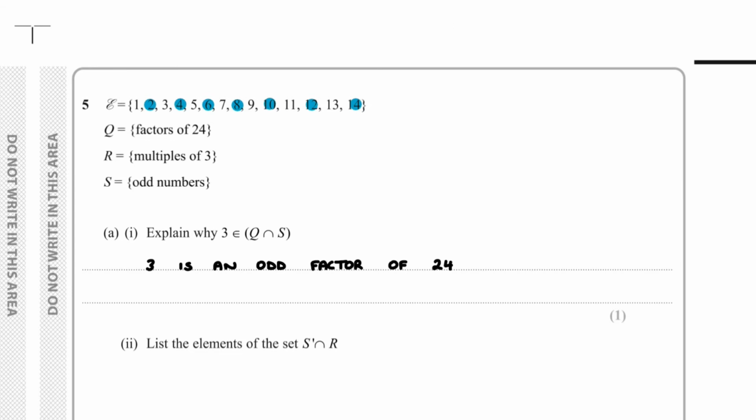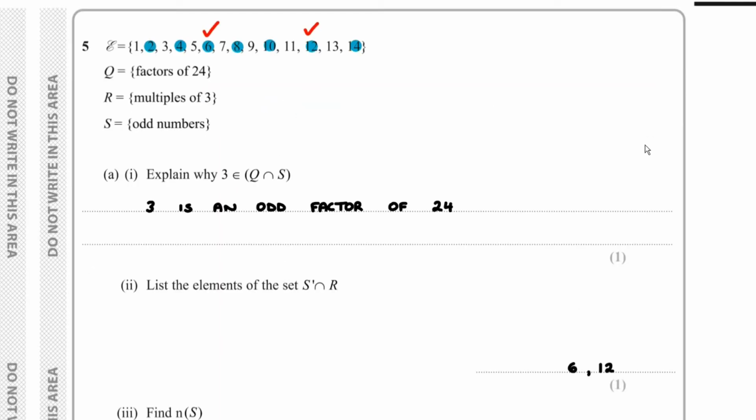Which ones are the multiples of 3? That will be the 6, and that will also be the 12. Hence we have 6 and 12.